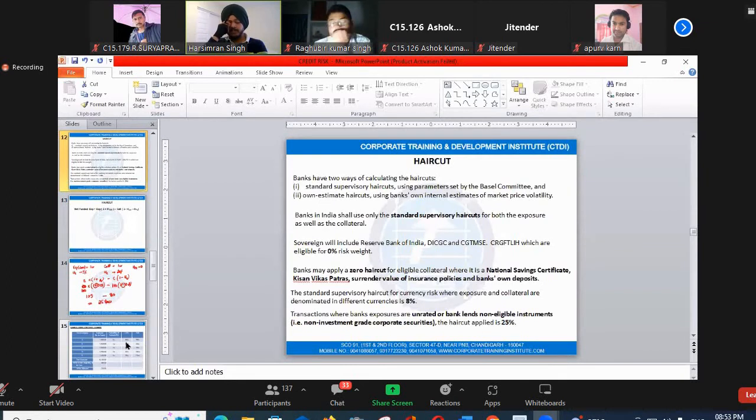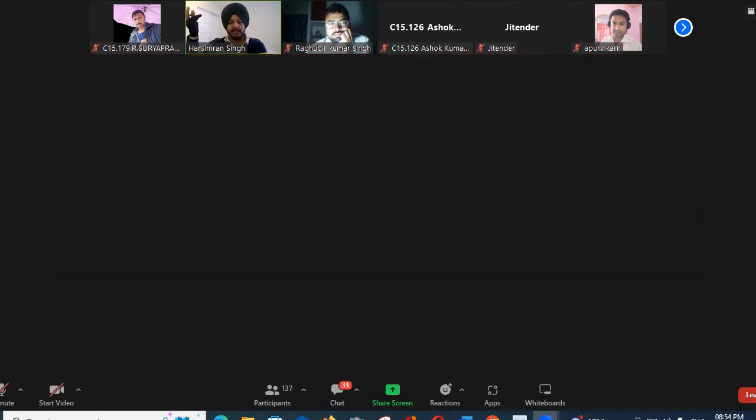इसके 2 एग्जांपल्स हो सकते हैं। One example is a haircut on exposure when you are dealing with derivatives. Whatever is your exposed value, you might encounter a risk value which is higher than that. आपको उससे ज्यादा की पेमेंट्स करनी पड़ सकती है.